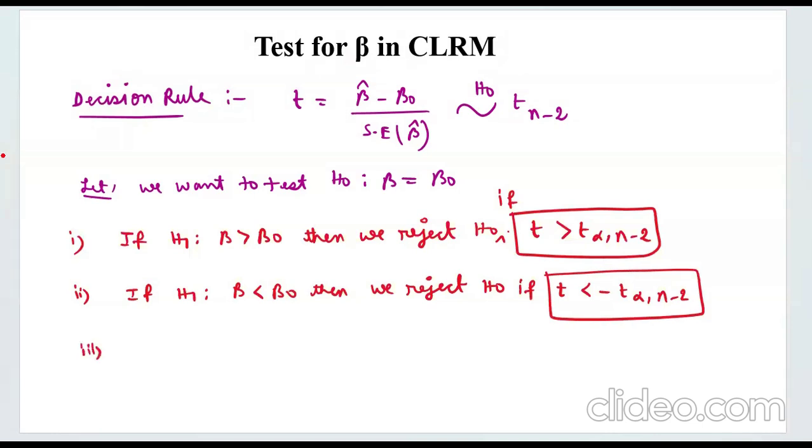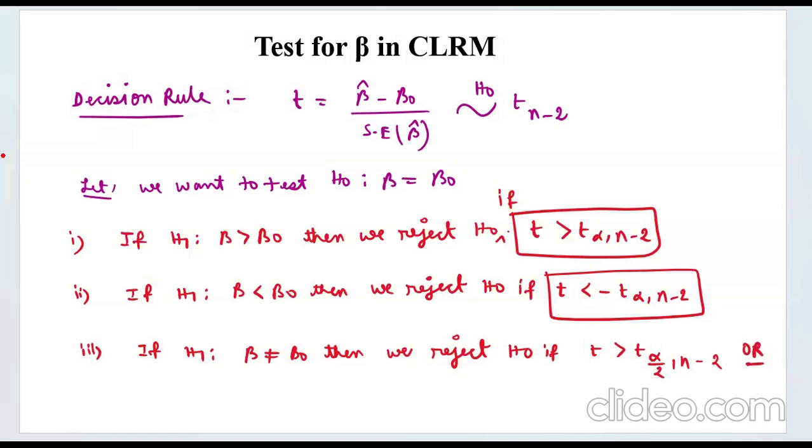And the third thing is if H1 is beta not equal to beta naught, then we reject H naught if T is greater than t alpha by 2, n minus 2, or T is less than minus t alpha by 2, n minus 2, which basically implies that mod T is greater than t alpha by 2, n minus 2.